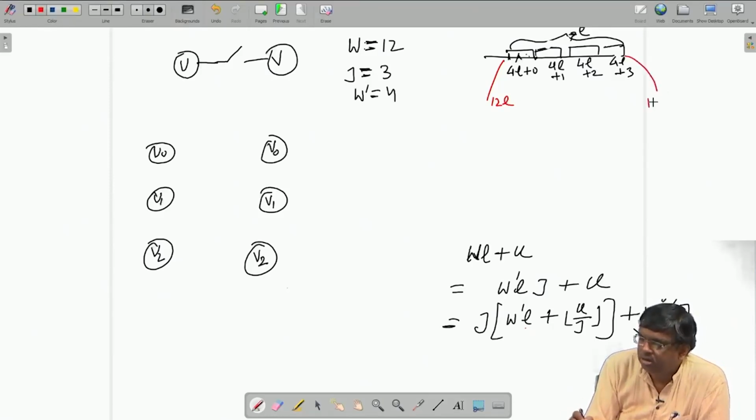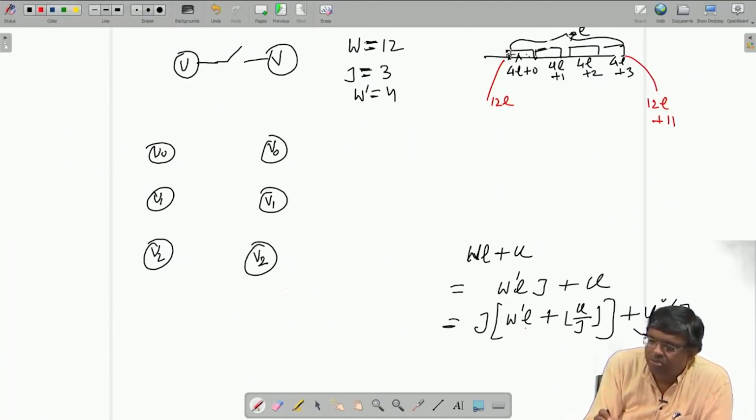These are the bits, 12L, 12L plus 1, 12L plus 2, 12L plus 3, like that. The digit cycle index is 4L plus 0 for the Lth word, then the 4L plus 1th digit cycle, and like that.